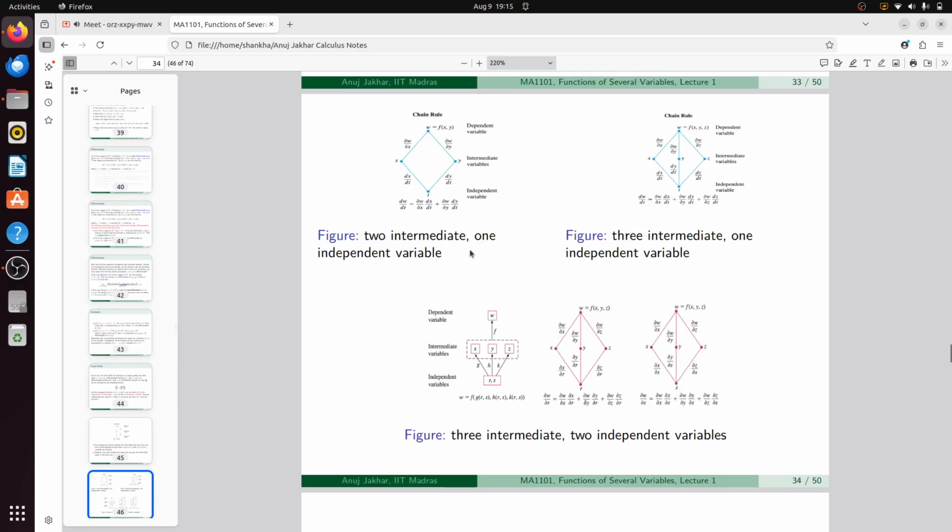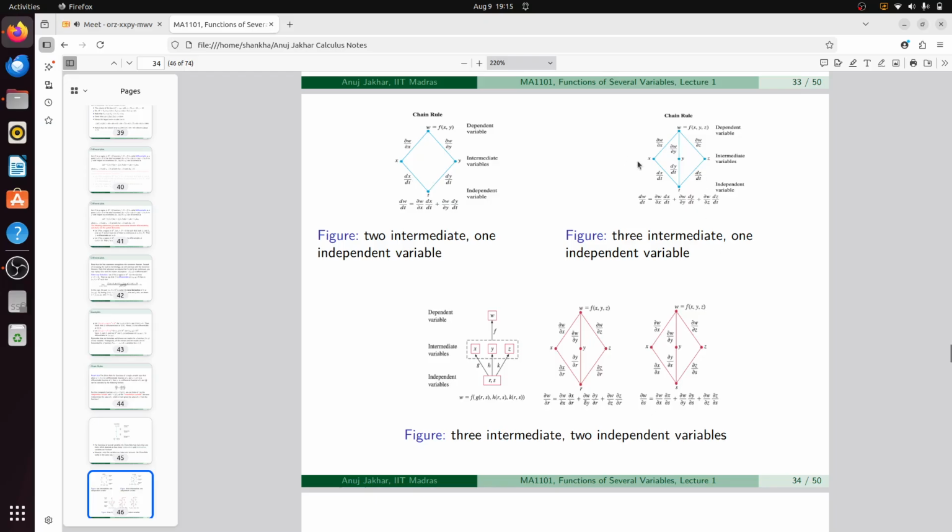So: two intermediate variables, one independent variable. w = f(x, y). So you get del w del x, del w del y, then you take dx/dt, dy/dt, and then you move along.